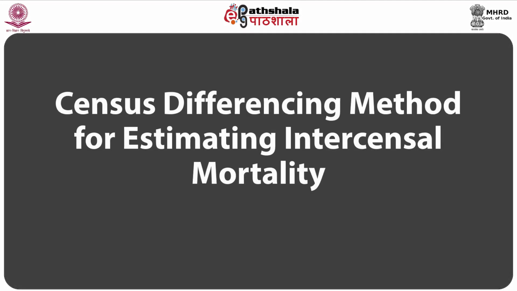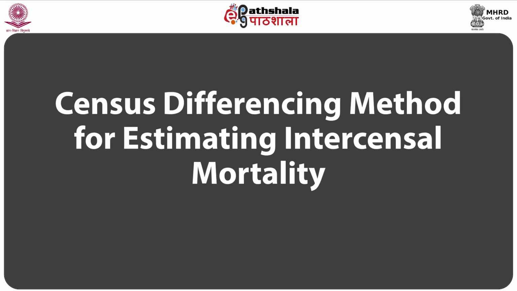In this module, we will learn about how indirect methods of estimating mortality indicators are used through the censuses in countries where the civil registration system data is either non-existent or not of adequate quality needed to carry out direct estimations of mortality patterns.